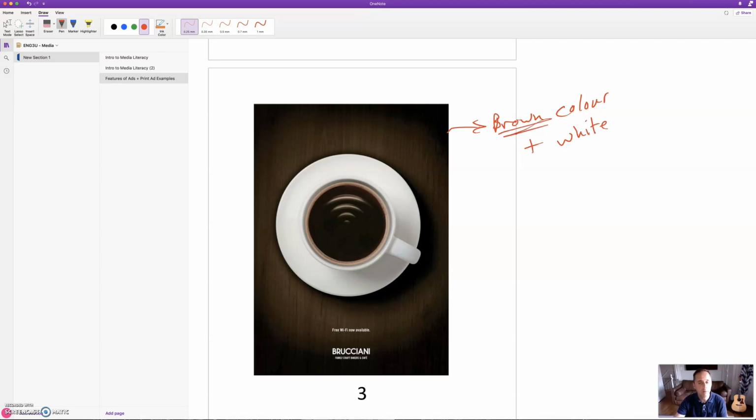So why this brown color? Well, it connects to coffee. It's coffee colored, right? All right, so there's the coffee color, and then the text connects with the whiteness of the cup.